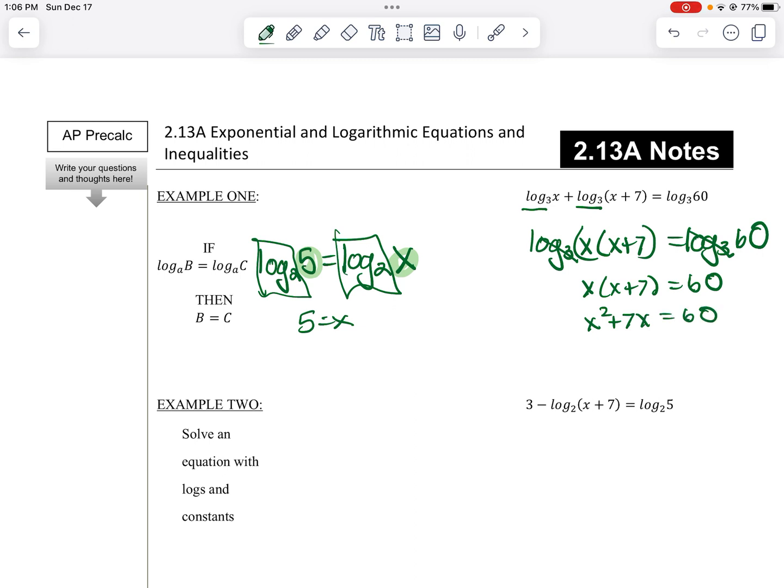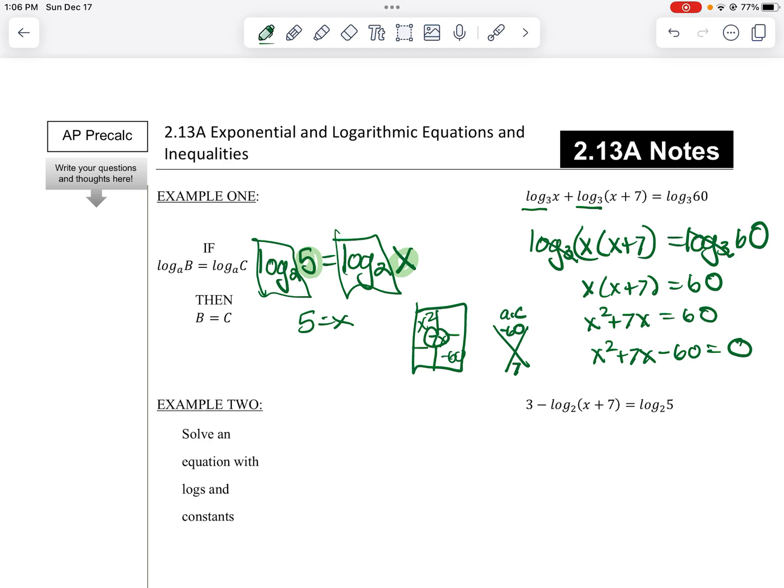It's a quadratic, so we have to set it equal to 0. All right, so let's do some factoring. So our box and circle, x squared, 7x, negative 60. So a times c on top, so it multiplies to negative 60 and adds to 7.